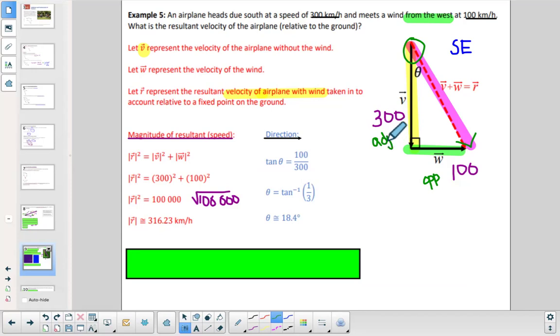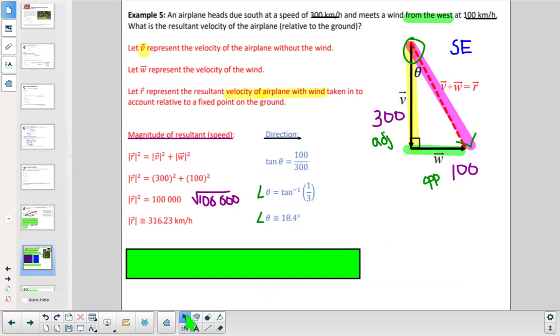So when I reduce that fraction, I have tan theta is equal to 100 over 300. Angle theta, don't forget, is equal to the tan inverse of 1/3. Angle theta is equal to 18.4 degrees. But it's not enough to just state the angle.